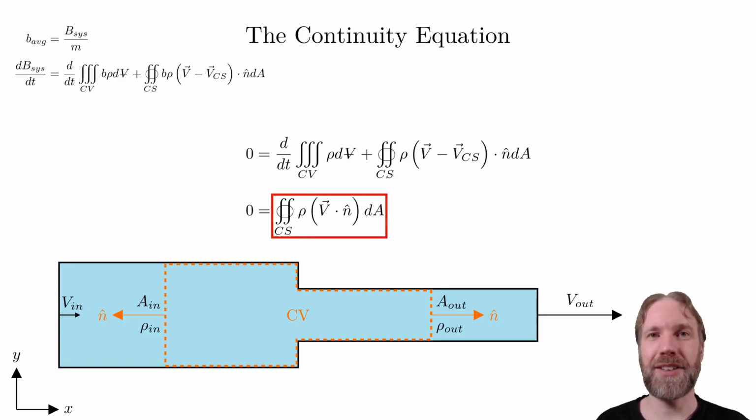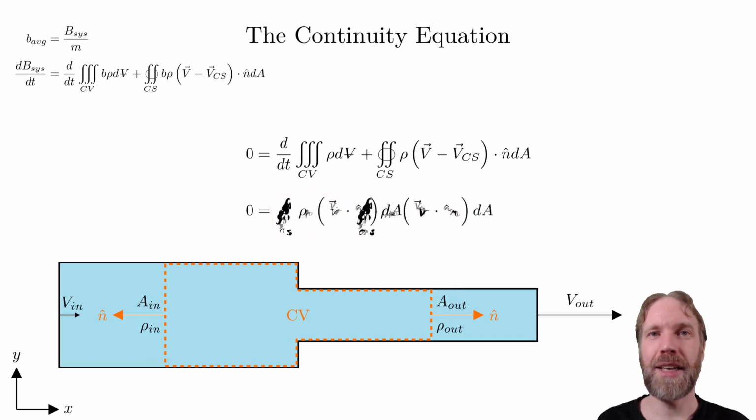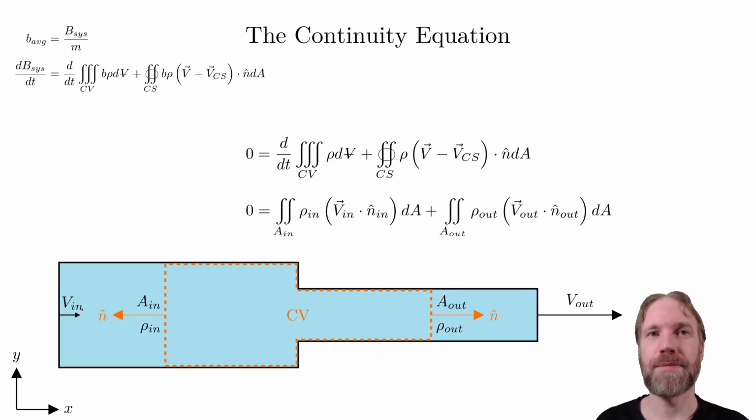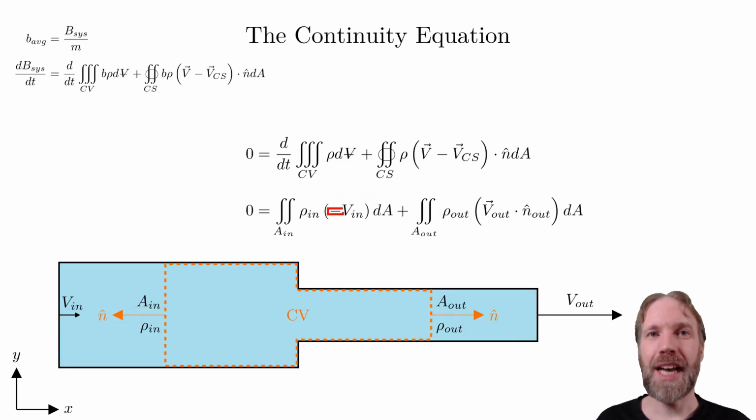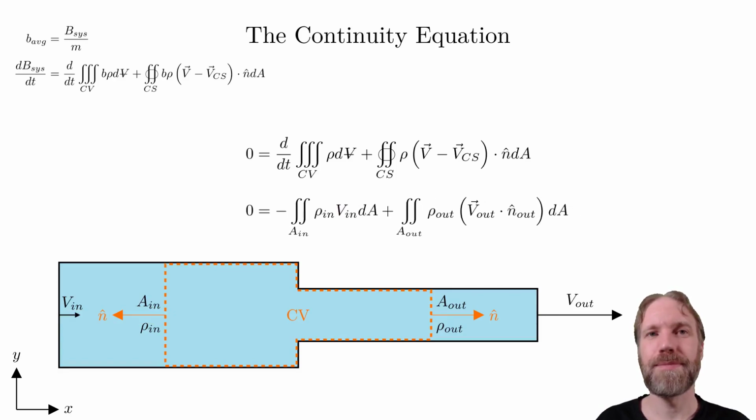Split the surface integral into one integral for the inlet and one for the outlet. At the inlet, the velocity and the normal vector have opposite sign, which gives that the dot product becomes minus V_in. Place the minus outside the integral. We can remove the integral by writing this in terms of the average velocity.